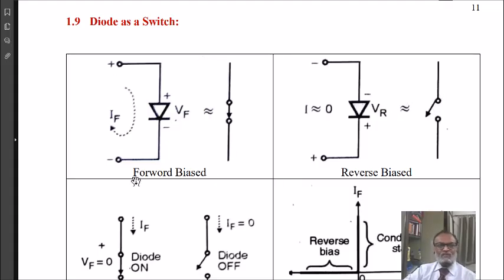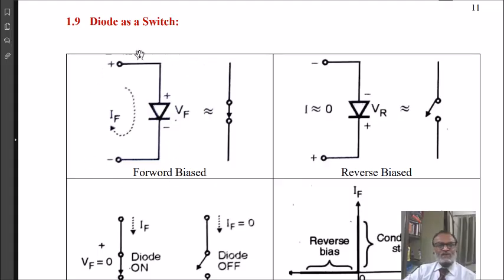Whereas during forward bias, since the current flows from anode to cathode, it is acting like a closed switch. Only difference is that in mechanical switches, whenever voltage is applied across it and the switch is closed, the voltage drop across the switch will be zero and current will be maximum.